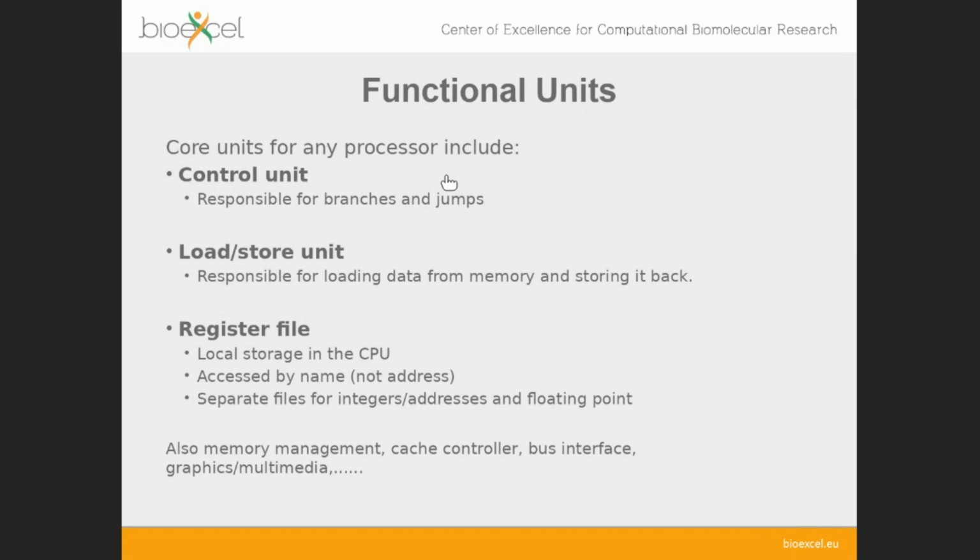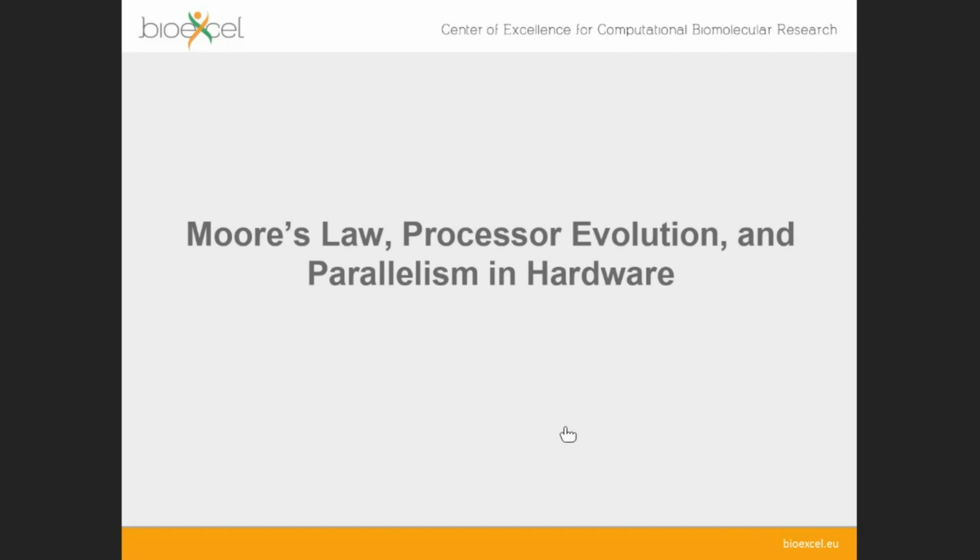This logic means there are branches: depending on a certain condition being true or false, certain branches of code execution take place. There's a load and store unit, which is responsible for loading and storing data to and from memory. There are all kinds of further details, which I don't want to burden you with, but basically processors are complex things. There's a lot to them.